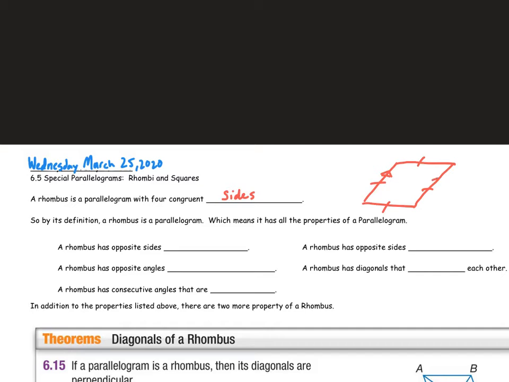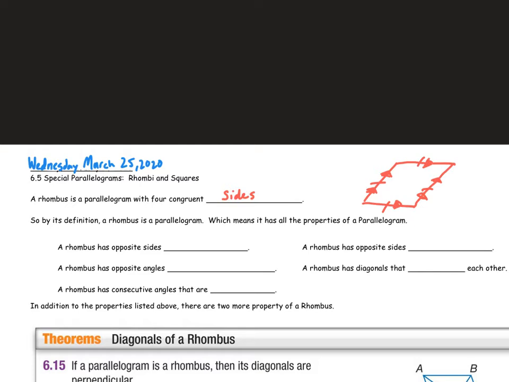Remember, opposite sides have to be parallel, so here I'm putting in the parallel markings. I've got my two arrowheads here, and now I've got my single arrowhead here. So a rhombus is a parallelogram with four congruent sides.